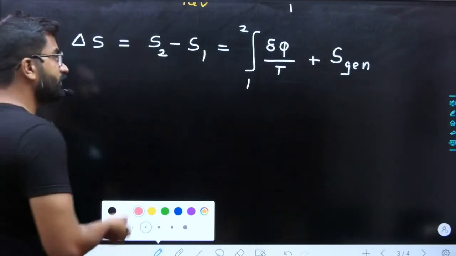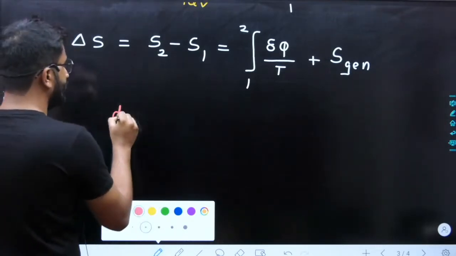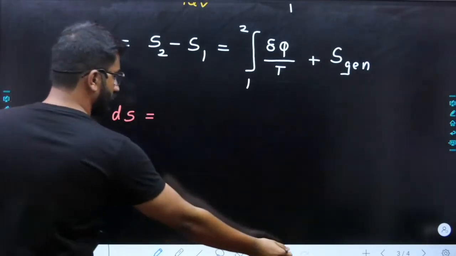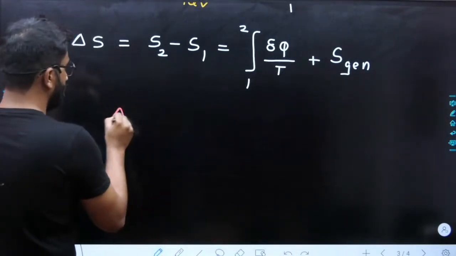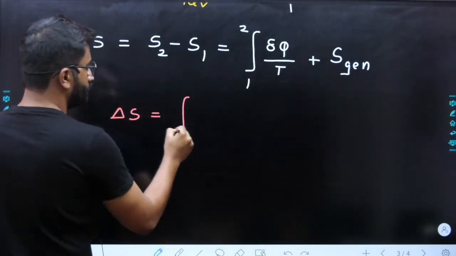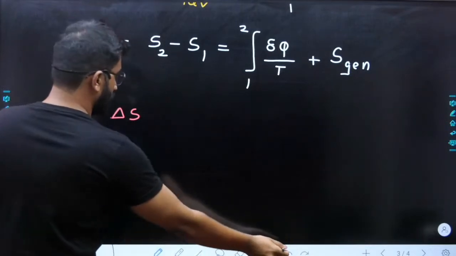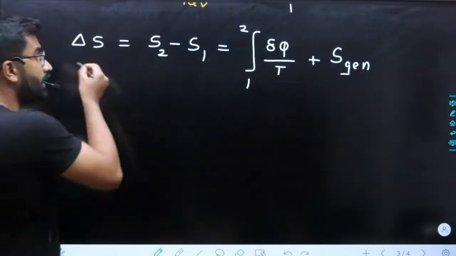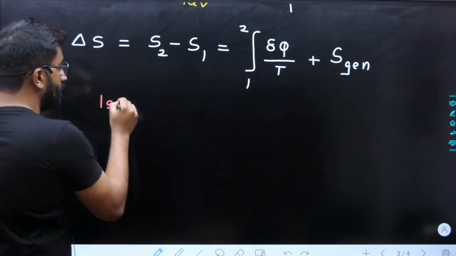What is the meaning of isentropic process here?